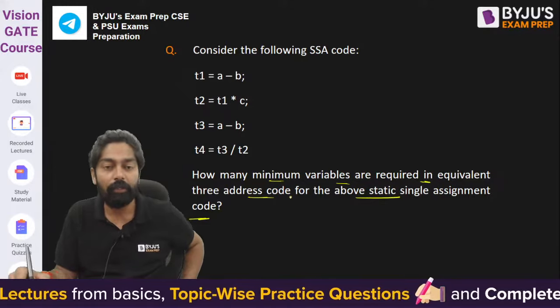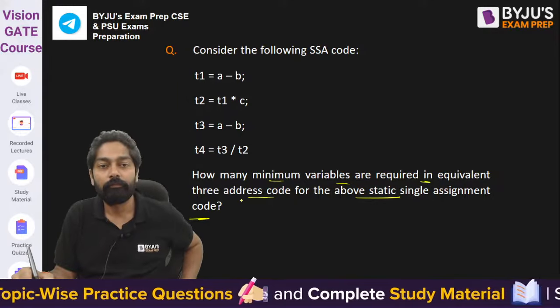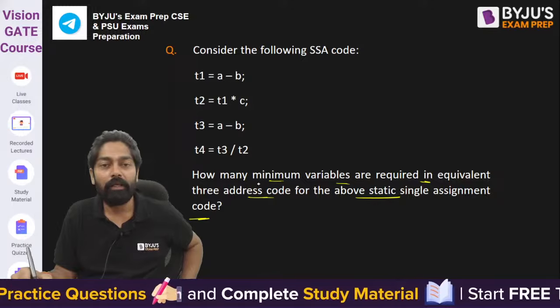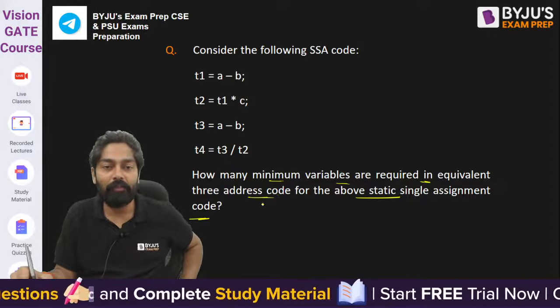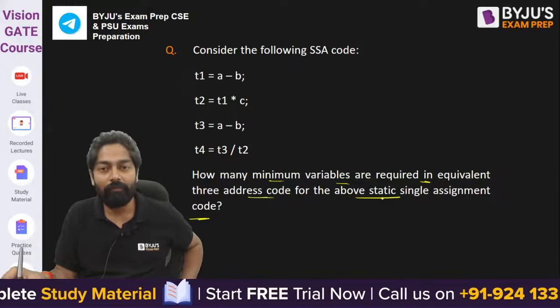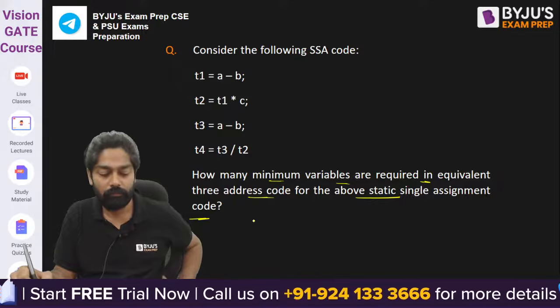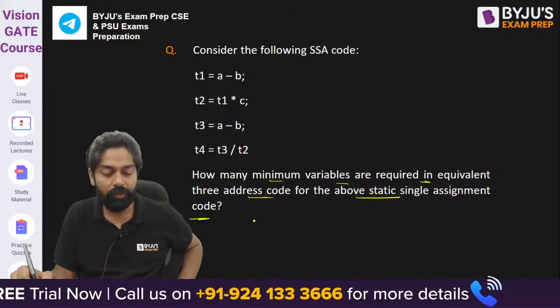Can you please reply? How many minimum variables are required in equivalent 3 address code for above static single assignment? Good evening Satya.